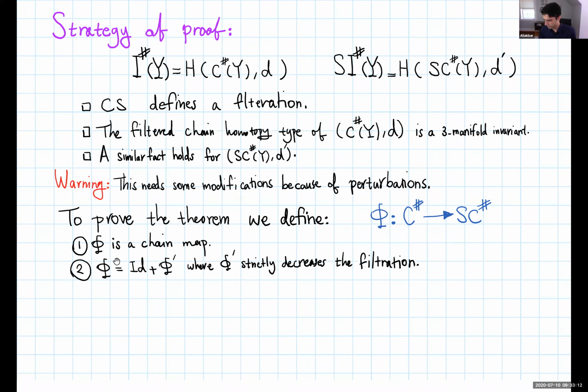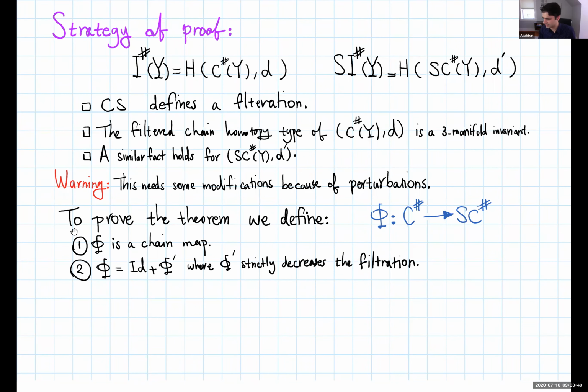So because it has this form, it's like an upper or lower triangular matrix, where the diagonal entries are all equal to 1. So this chain map is an isomorphism, and by combining these two points, the induced map at the level of Floer homology groups would also be an isomorphism.